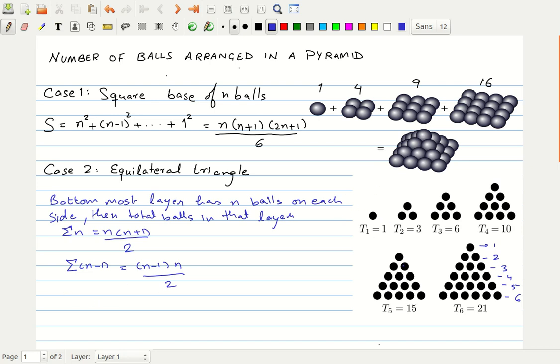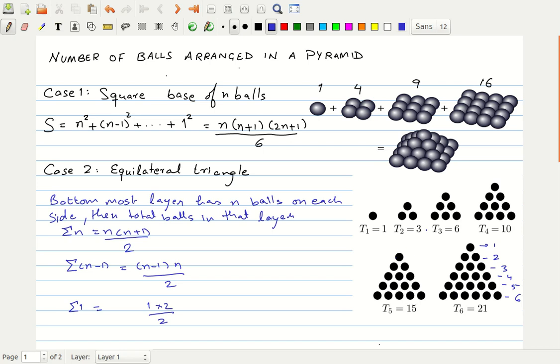We'll do all this up to the top layer, which is only sigma 1, which is 1 times 2 divided by 2, right? Now if we have to find the total number of balls in this complete pyramid that we have formed with this triangle, we have to add all these numbers, right?